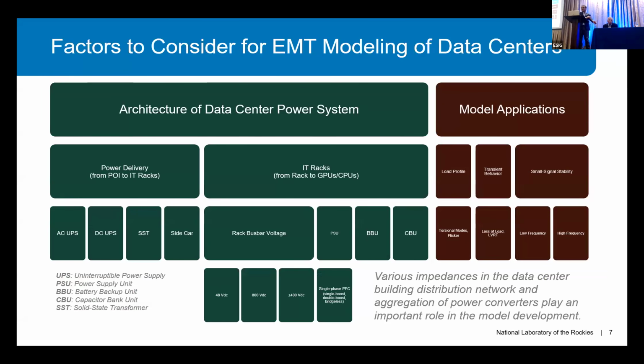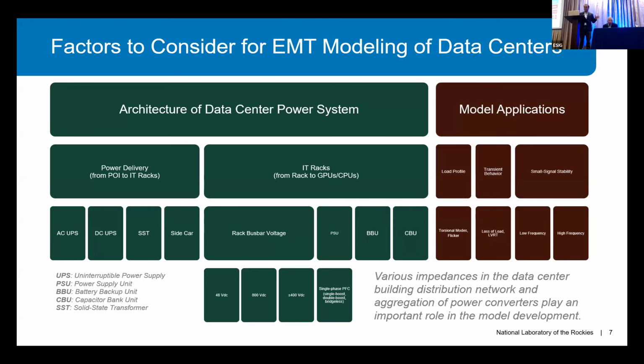So what factors do we need to consider for EMT modeling of data centers? First is the architecture. What does the power delivery look like, whether the data center uses AC UPS or DC UPS, solid state transformer, sidecar, and what are the converters used within IT racks?